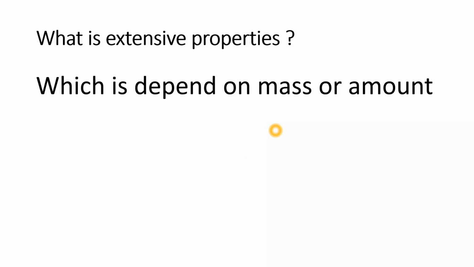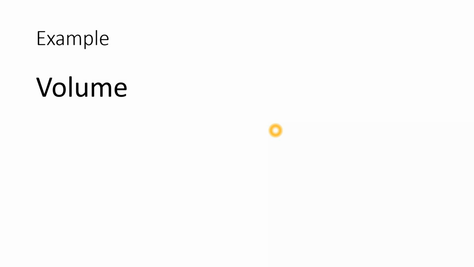Next, what are the extensive properties, which depend on mass or amount? Here, volume is the extensive property. Only volume. Mass is also an extensive property. Enthalpy is an extensive property. Internal energy is an extensive property.